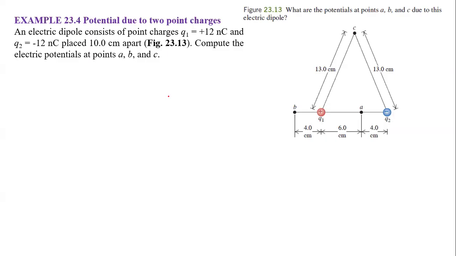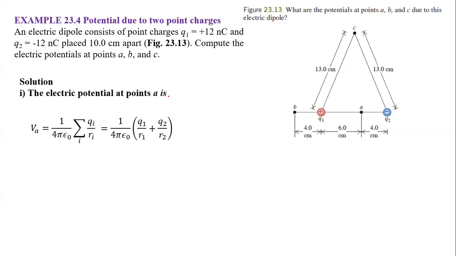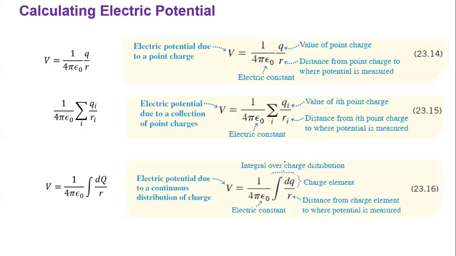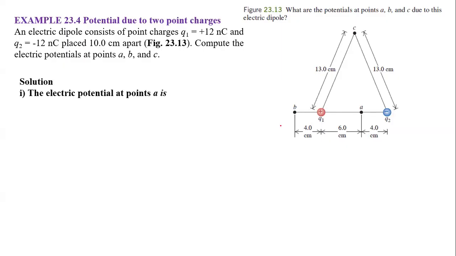Compute the electric potential at point A, point B, and point C. Take note that the formula for the electric potential due to two point charges is just this one, where Q is the value of the point charge, so we have 1 over 4 pi epsilon naught times Q1 over R1 plus Q2 over R2.